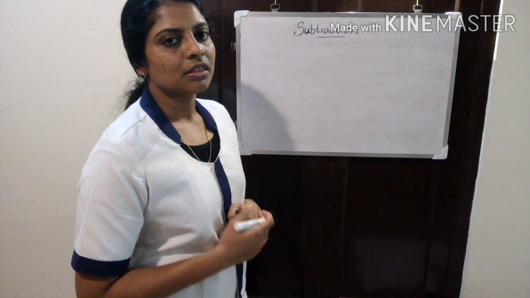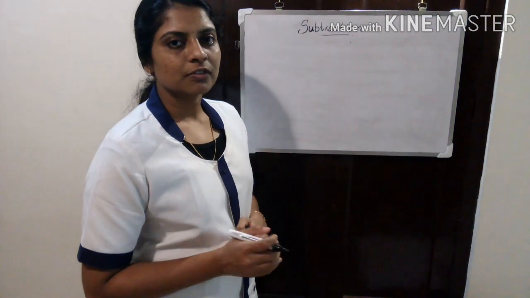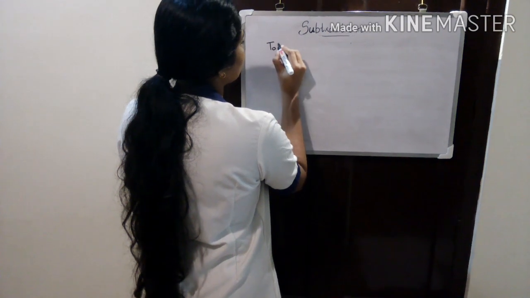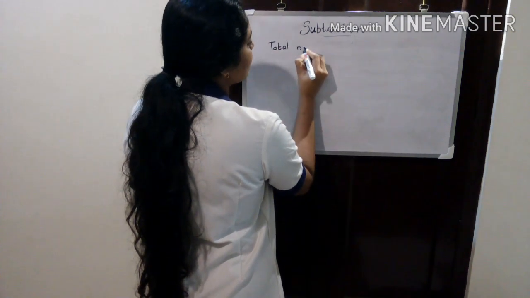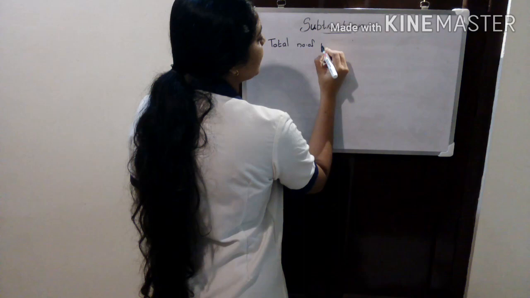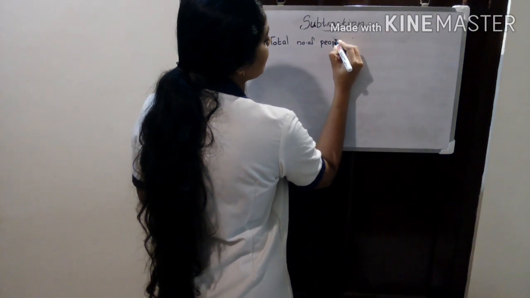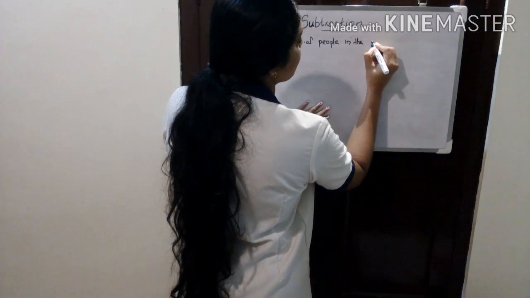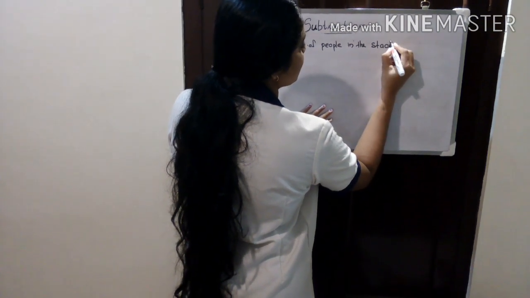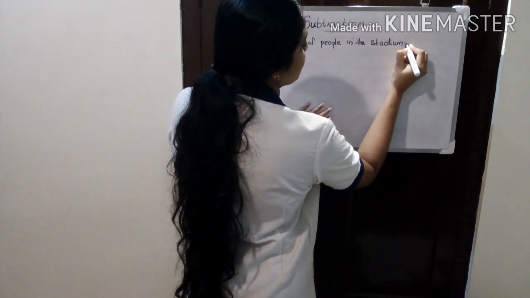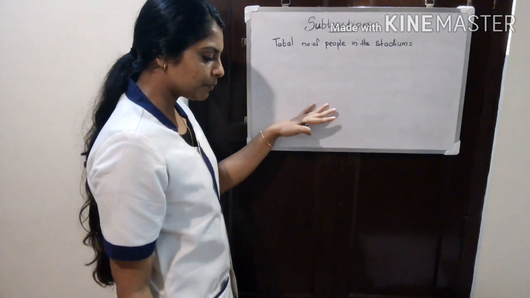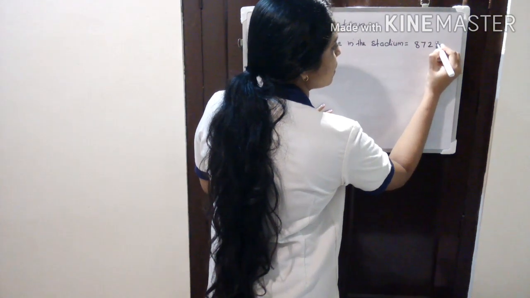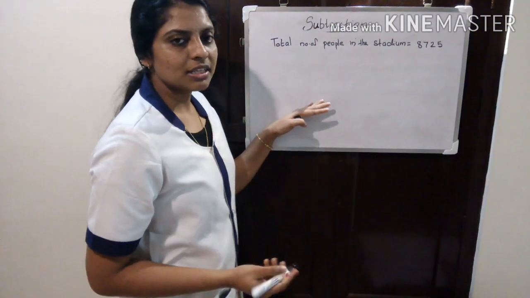The first step, the total number of people in the stadium. What is the total number of people? 8,725.